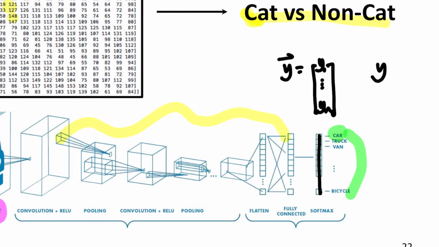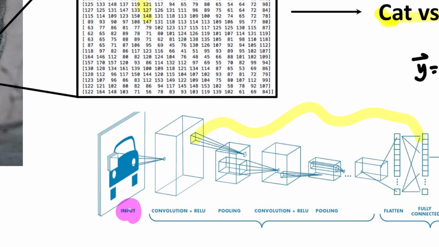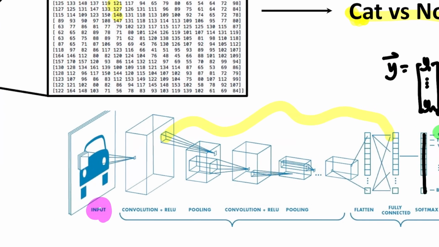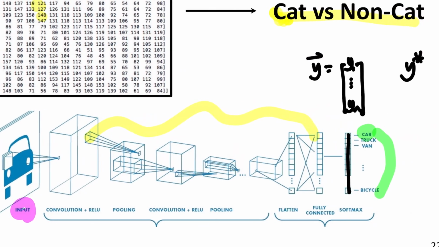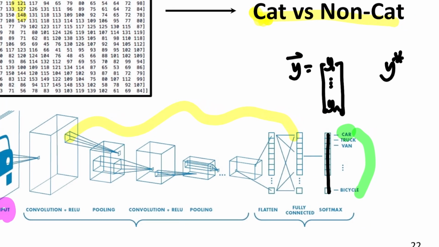If we have the ground truth value, let's say this is a car, we want to train this machine to understand this car.